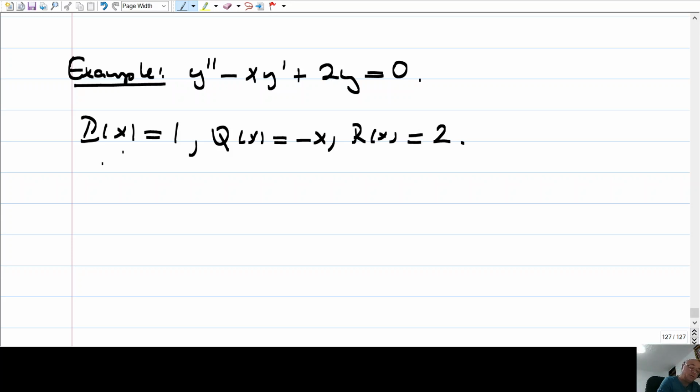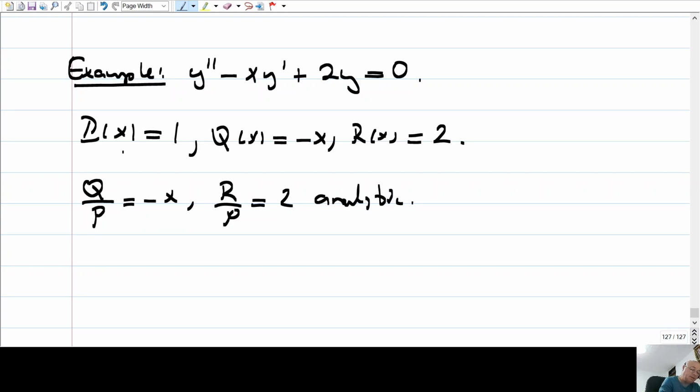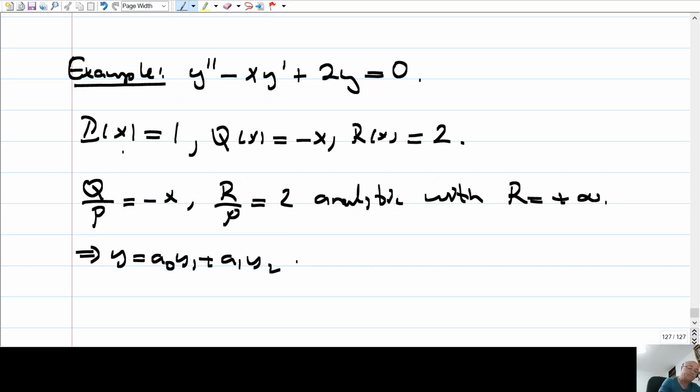So q over p is minus x, and r over p is just 2. These are again analytic with infinite radius of convergence. Therefore, the general solution will be just a0 times y1 plus a1 times y2 by the theorem, and the radius of convergence again will be infinite.